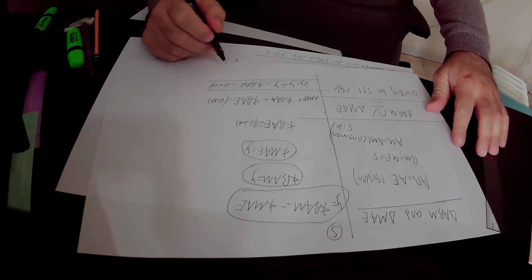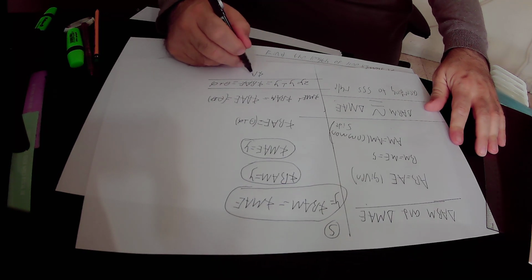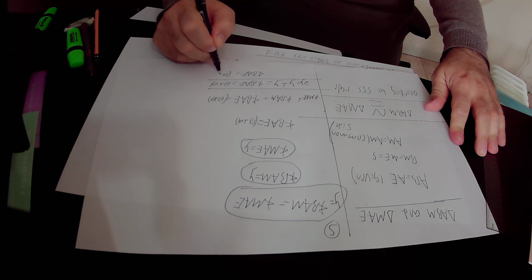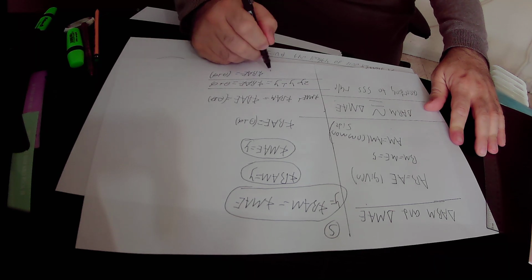So we found that angle BAE from one side equals theta plus alpha, and from the other side equals 2Y.